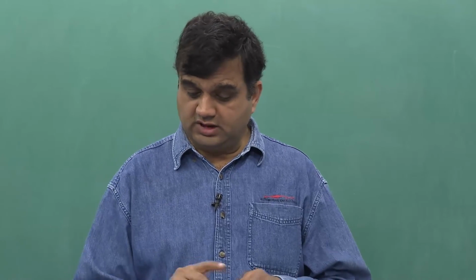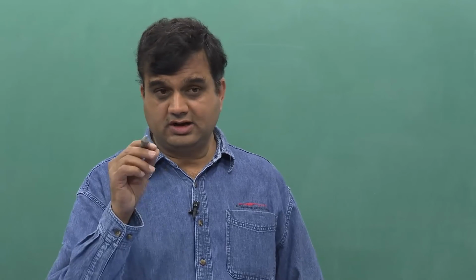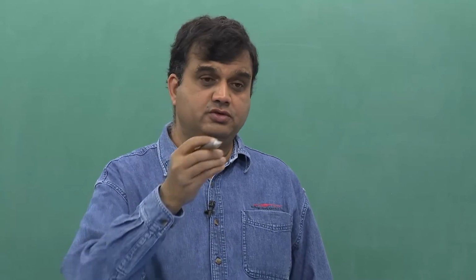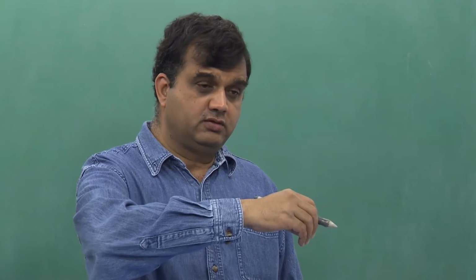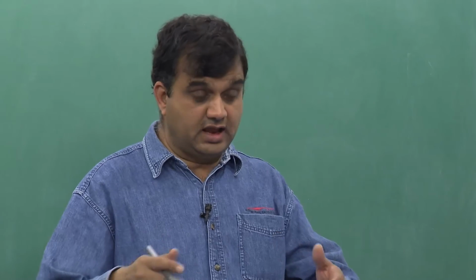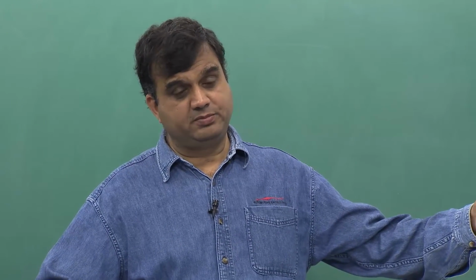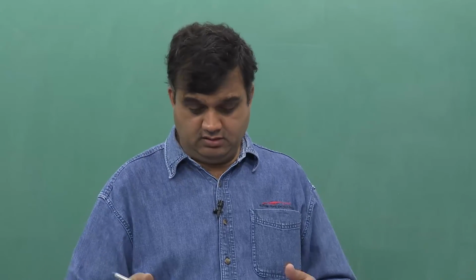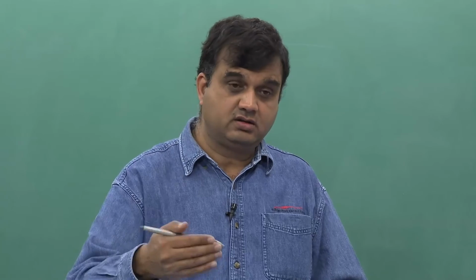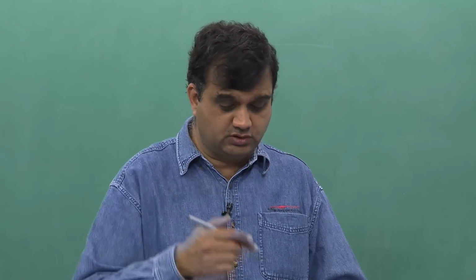So I have to calculate u, the nodal displacement at time step s plus 1, in terms of u, the nodal displacement at the last time step. If I know the initial solution at time t equal to 0, then with this method I can figure out the solution at time step 1, then in terms of time step 1 I can calculate the solution at time step 2, and so on and so forth.